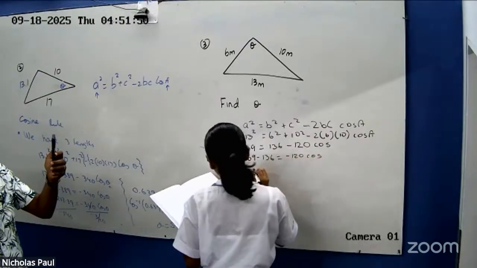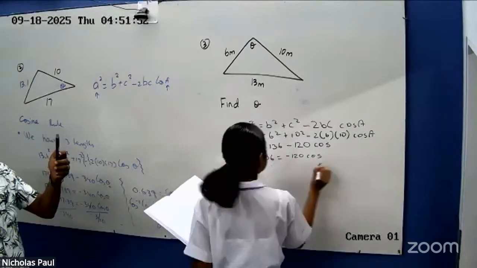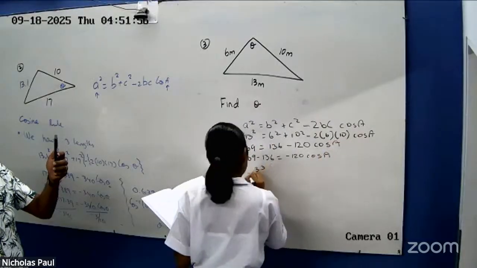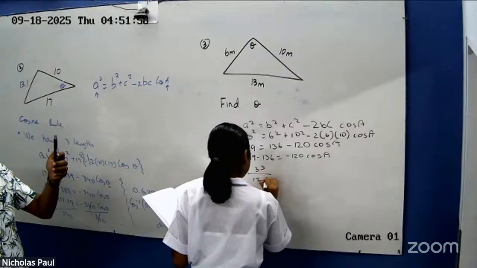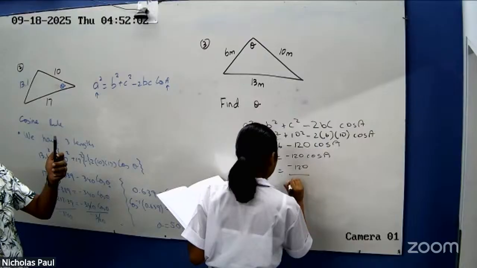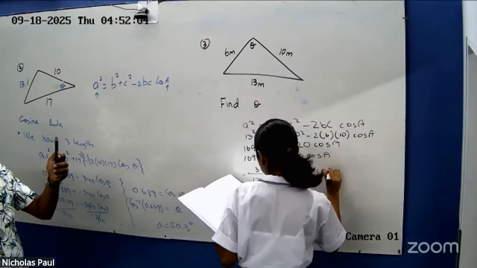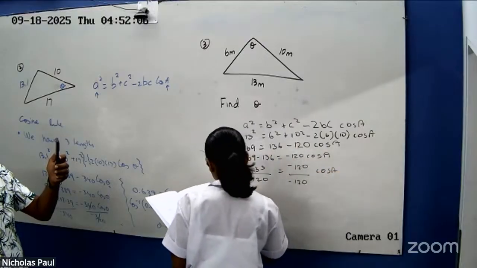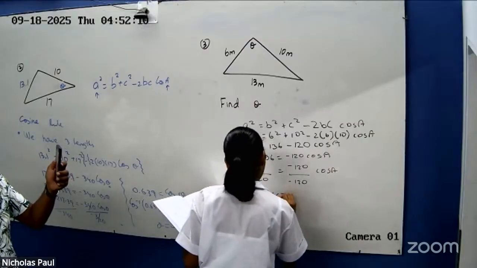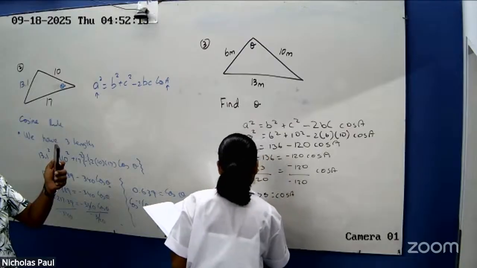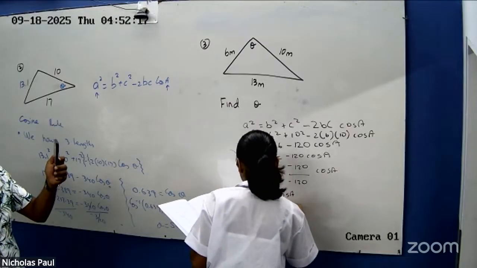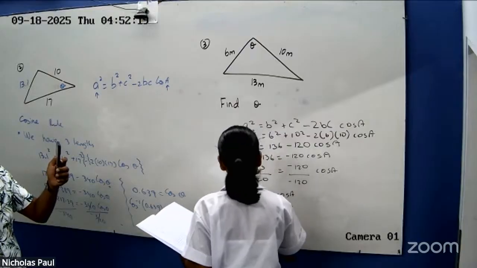Cosine E. You want to be minus, right? Right.